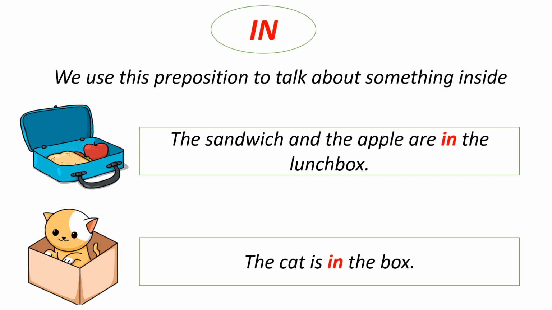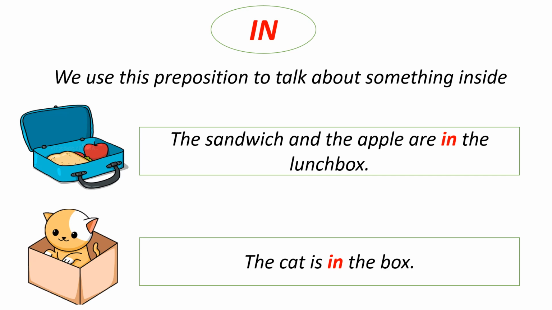As we see in the picture, the sandwich and the apple are inside the lunchbox. We use the preposition in. The second example is the cat is in the box. As we see in the picture here, there is a cat inside the box.